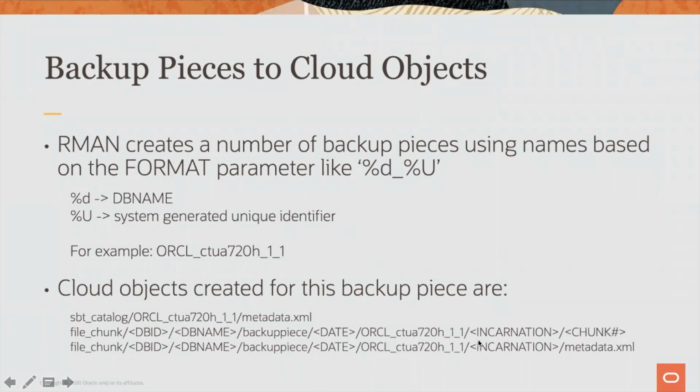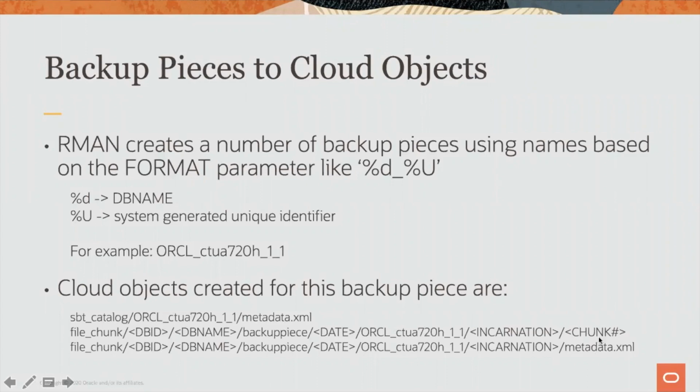This is because backup pieces can be divided into multiple chunks. They must be very big for you to see that with the current module. It must be above 10 gigabytes for you to see a number of chunks. If it's less than 10 gigabytes, you will always see a chunk number here, which is 001. I have an example in a moment, so you will see how it looks.